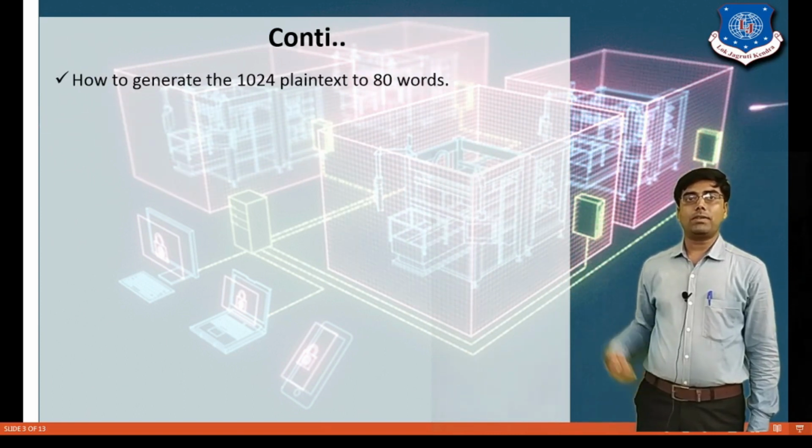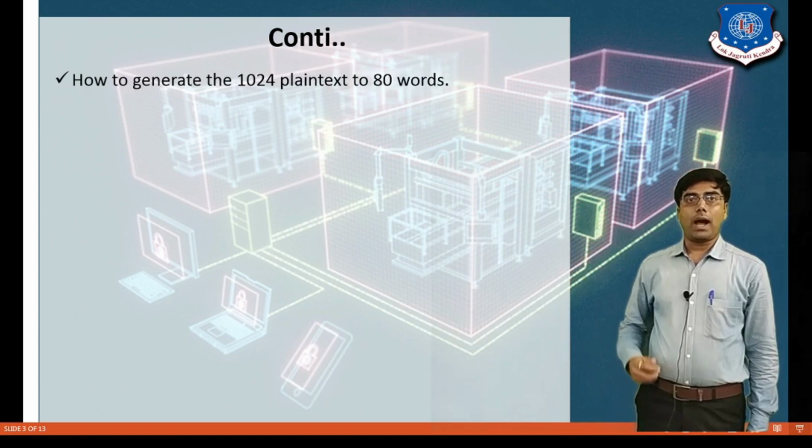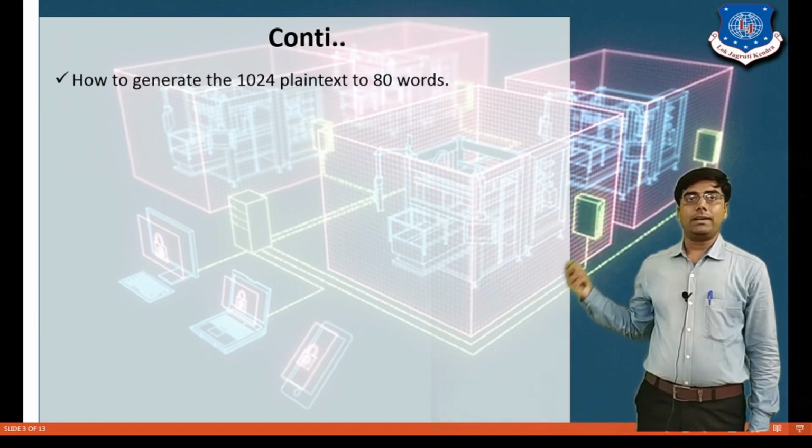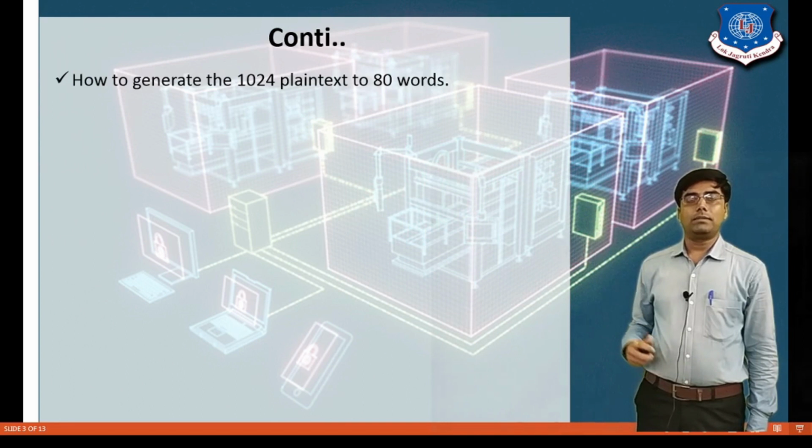After completion of 79 rounds, the initialization vector data present in the buffer will be added with the output from the 79 rounds. After the final round, we generate the hash code, and the size of the hash code is 512 bits. So we have seen this in today's session.